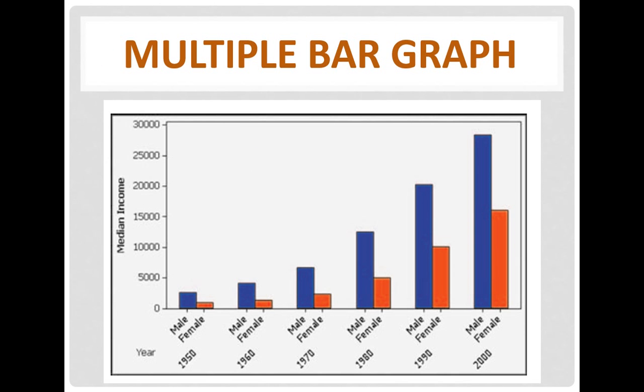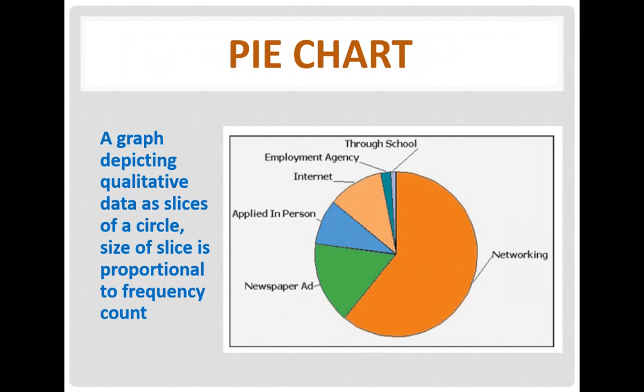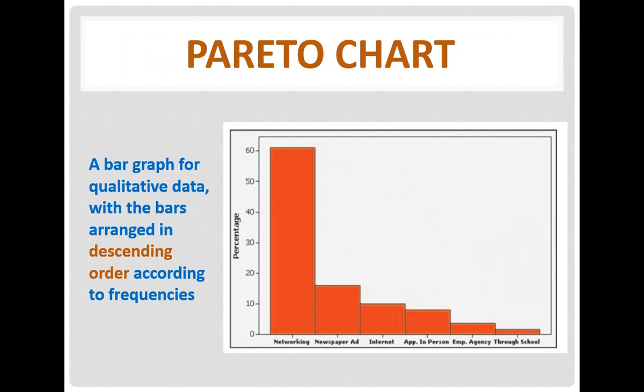Pareto chart. Oh, this you will need to know. Oops. Back up. Pareto chart. This is also used with your categorical data, okay? Basically, you guys, it's a bar graph, but it's a specific bar graph. The specific point is your data has to be arranged in descending order.